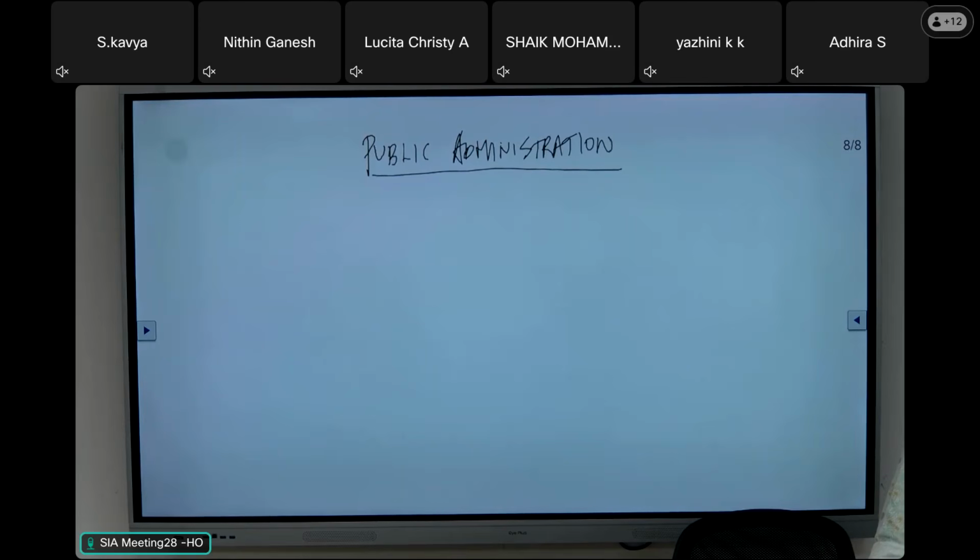Cadre is nothing but choosing the state where you want to work. They give the choices to you. But the first state you always choose is your home state, correct? Second state, neighboring state, correct? My question is, from an administrative angle, a professional angle, do you know Tamil Nadu well?